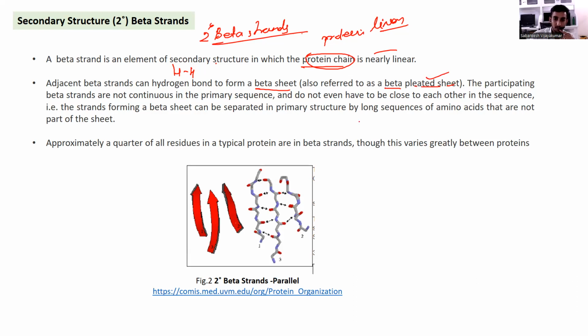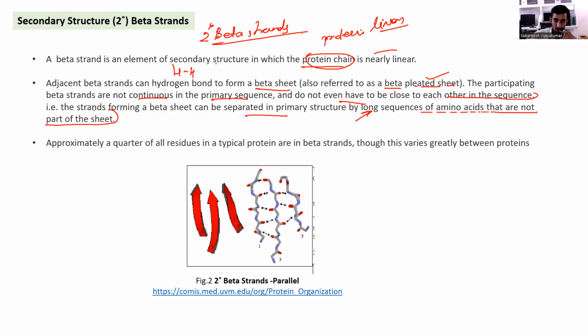You can notice, as shown in this figure, that the participating beta strands are not continuous in the primary sequence, and they do not even have to be close to each other in the sequence. That is, the strands forming a beta sheet can be separated in their primary structure by a long sequence of amino acids that are not part of the sheet.